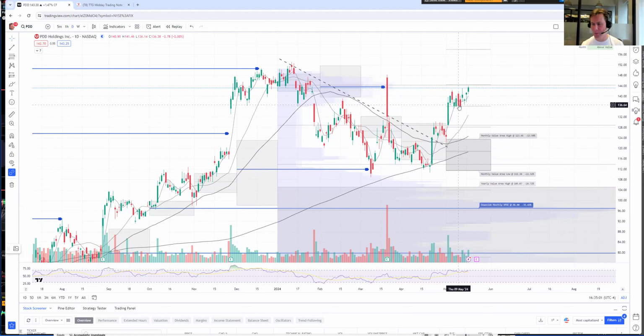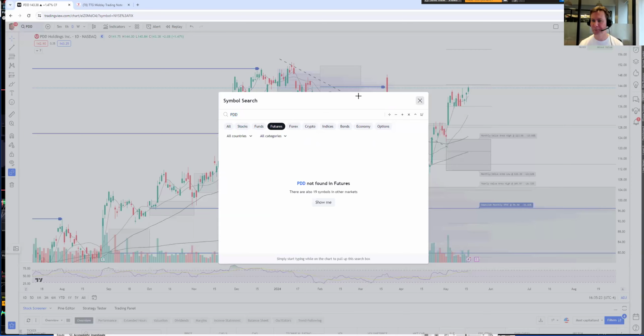A couple of days I gave it a little bit more tolerance because I already took multiple targets with this one in my trading account. I have this in the TTG trend portfolio as well, but I haven't taken a target in that portfolio, but I have taken multiple targets because I got long this thing very early on, and it's worked out pretty well for me. FUTU is another name too, right?